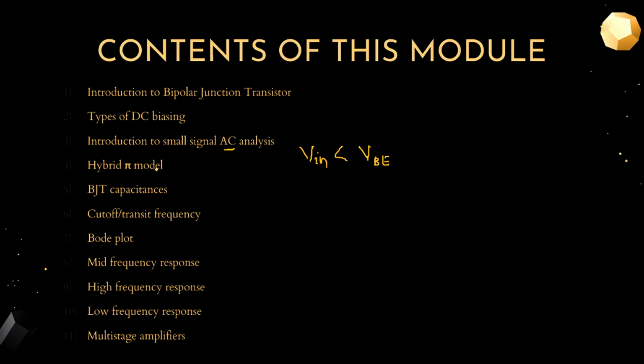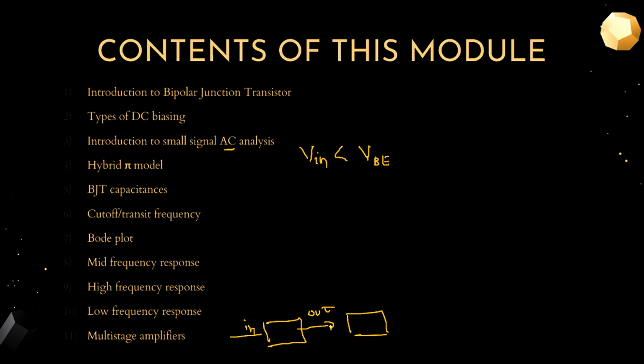And at the end, we have a small topic named multistage amplifiers, where we'll look at how we can make amplification even more optimal by adding multiple different BJTs. In a multi-stage amplifier, an input signal is sent into a particular BJT, and the amplified output is sent into another BJT.